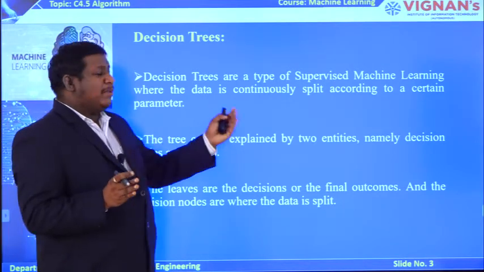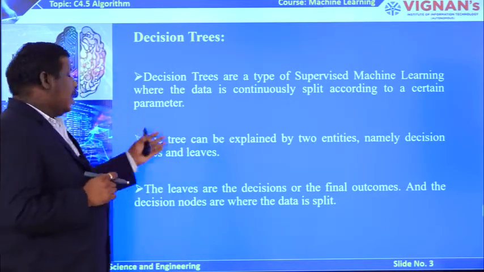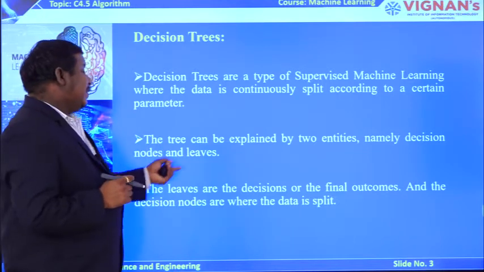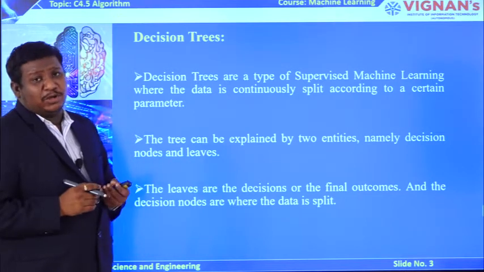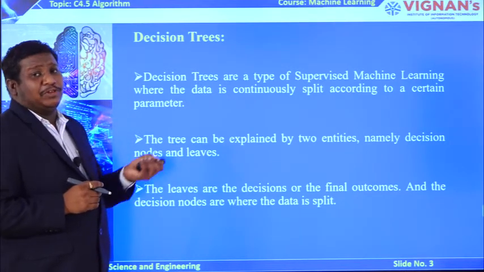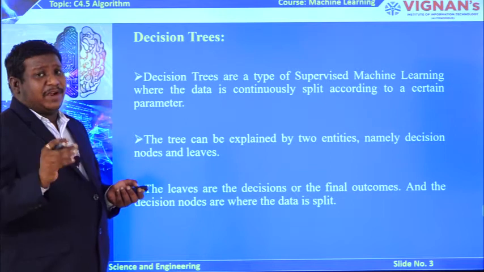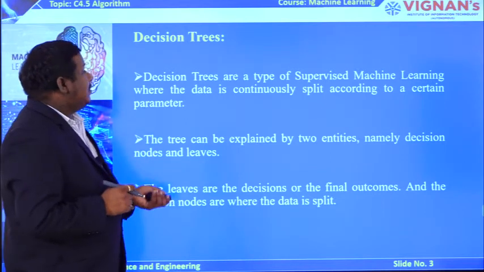The tree can be explained by two entities, the decision nodes and the leaves. The decision nodes are where the data is split, and the leaves give you the final outcome, the final result you are expecting from using decision trees.